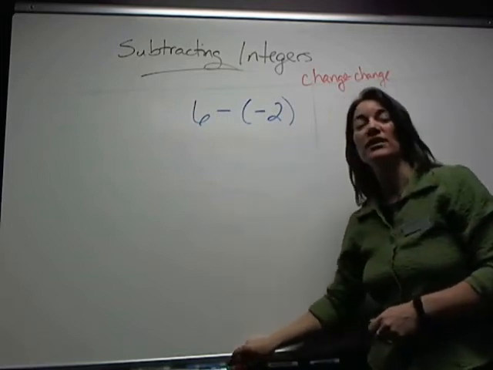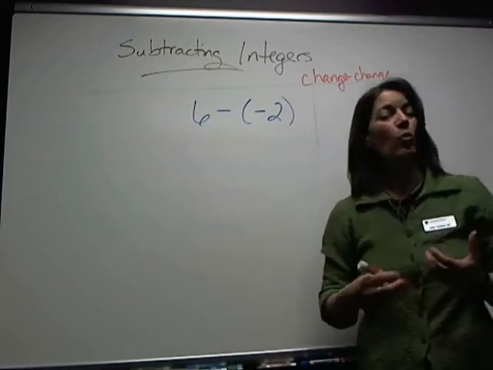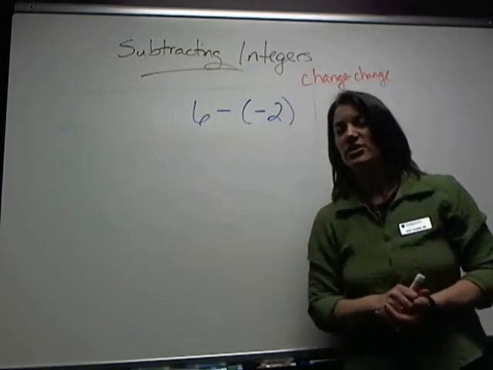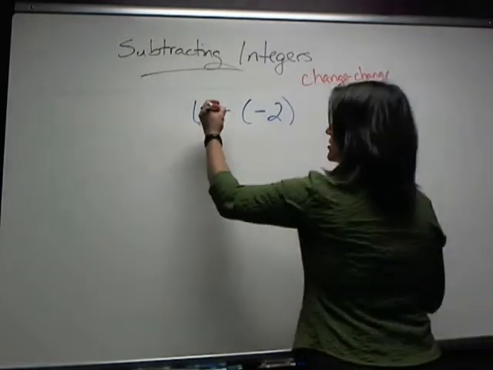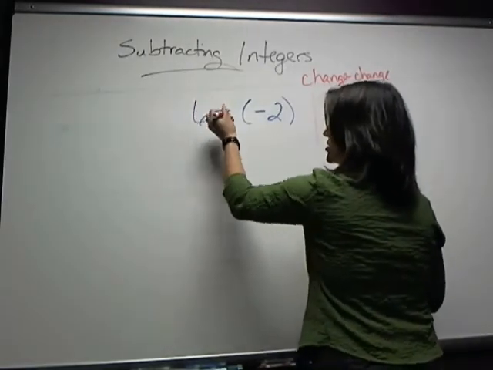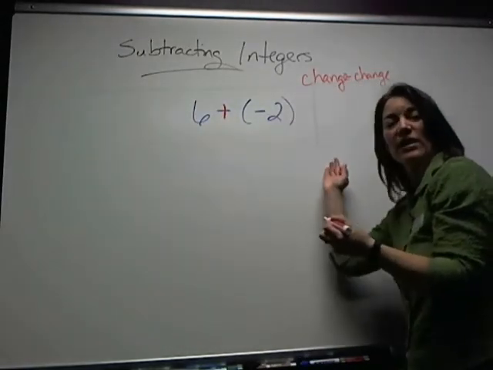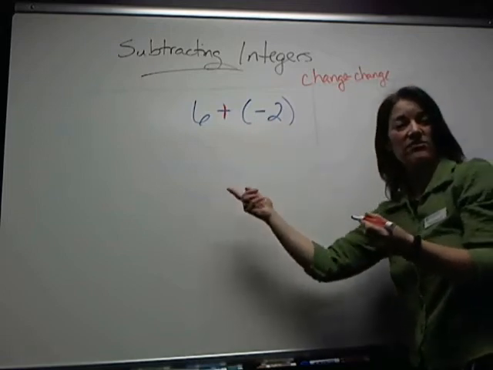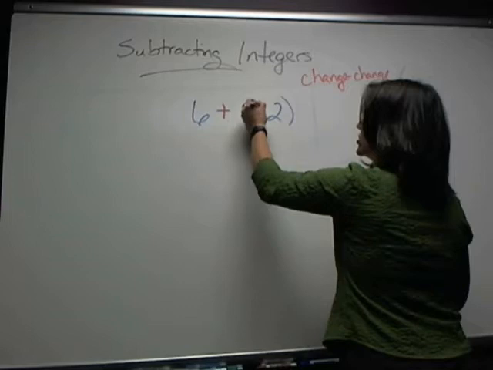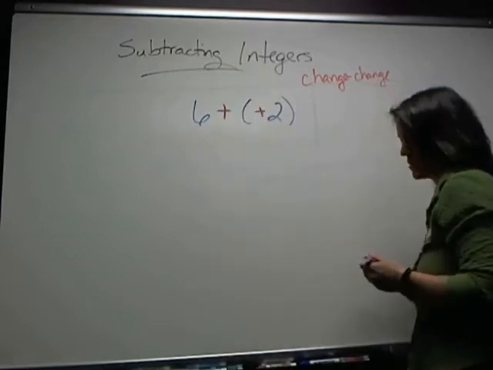Once again, I go to my change. Because I don't want to learn a new set of rules for subtraction, I'm going to change them all to addition. So I change the subtraction into addition, and then the sign on the number right after it. The number right after is this negative 2. Since it's negative, I change it from a negative to a positive.